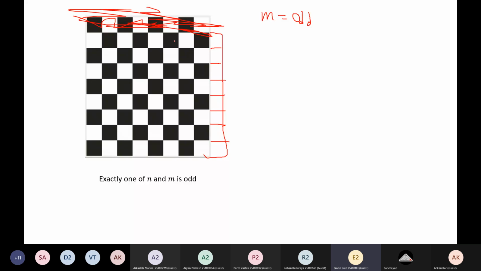So it depends upon m and n what the parity of k will be. If m is odd, then we can't completely cover it with vertical dominoes, so there must exist at least one horizontal domino. You're close. And if m is odd, then k must be odd.